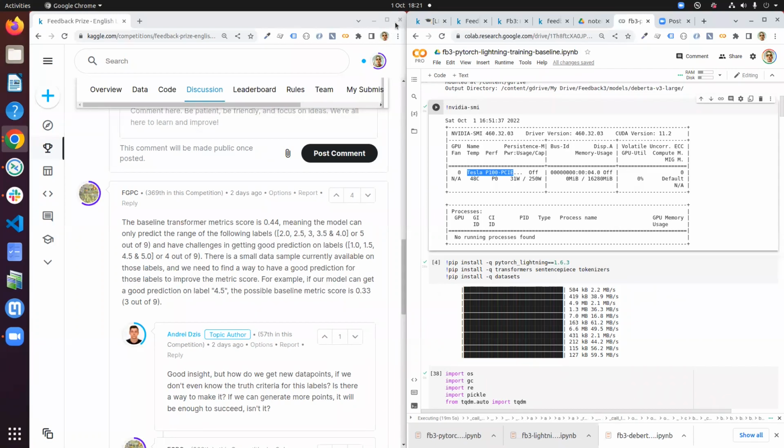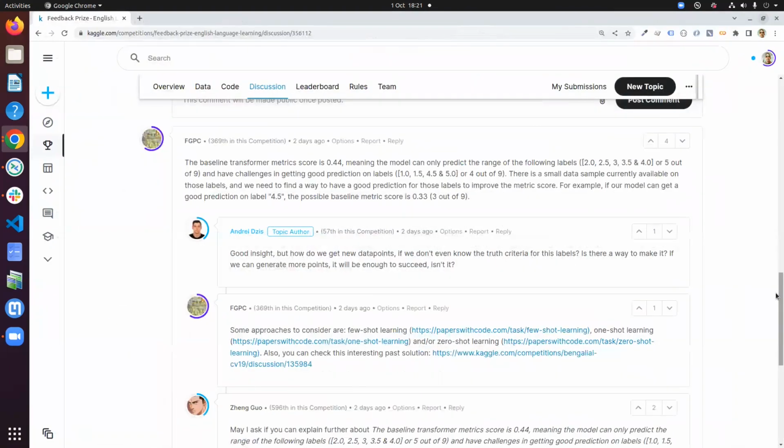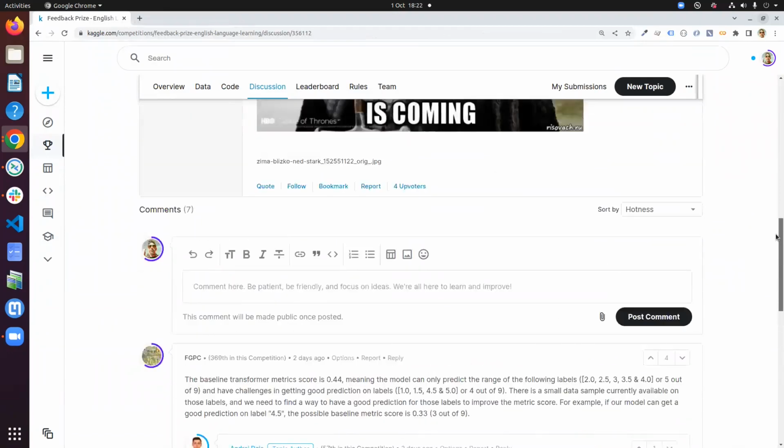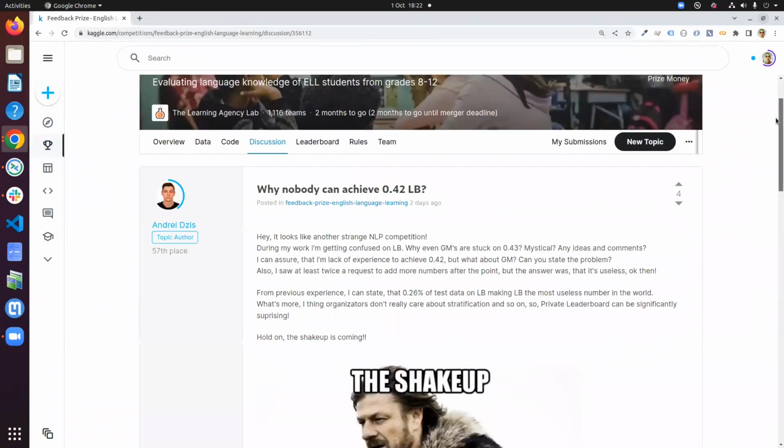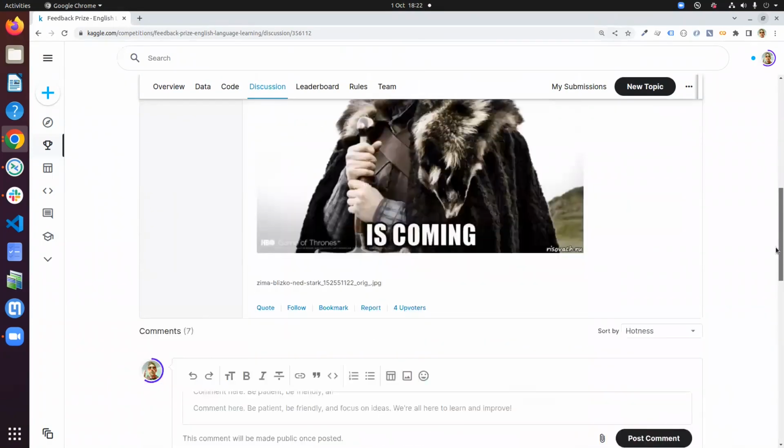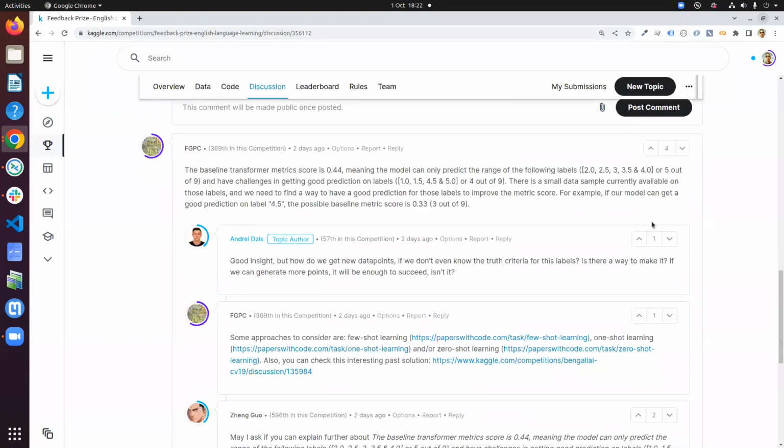Okay. Yeah. And the only other thing I've done, I saw this discussion this week about why nobody can get beyond 0.43 in the leaderboard, and somebody suggested it's because of this. They're suggesting that all of the models, because there are substantially more instances of ones that have 2 to 4.